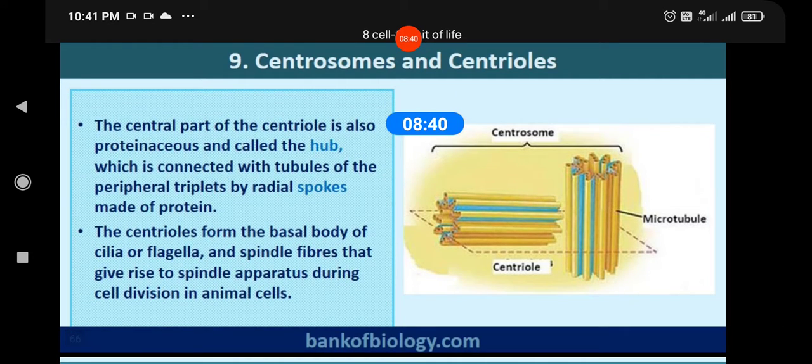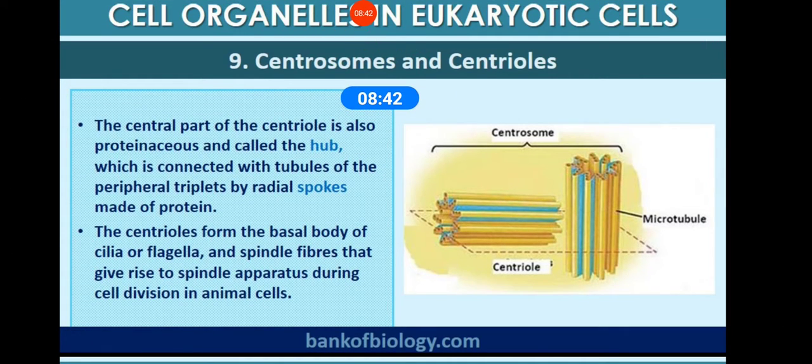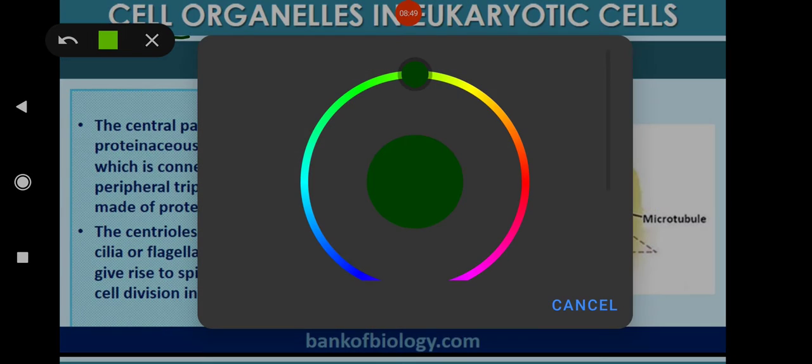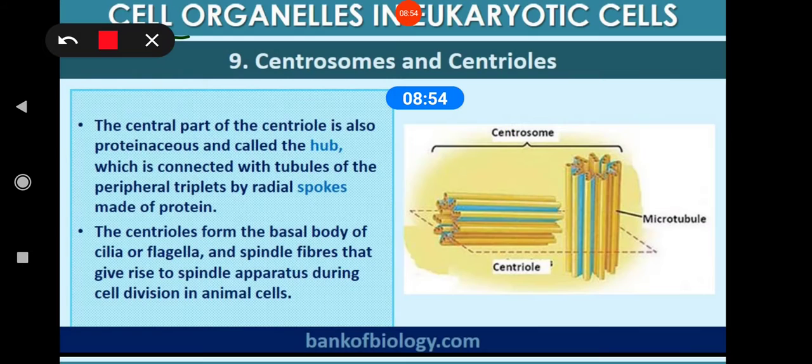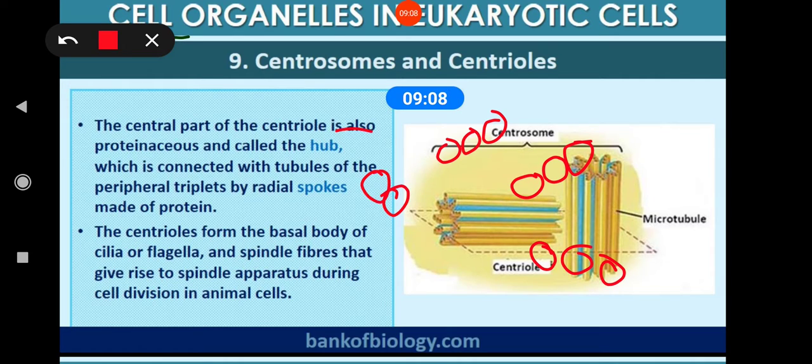Now what is there in this? Let me show you how it is shown here. Look here, these are 1, 2, 3, then 1, 2, 3, 1, 2, 3, 1, 2, 3, then 1, 2 and 3. Like this, 9 are there.